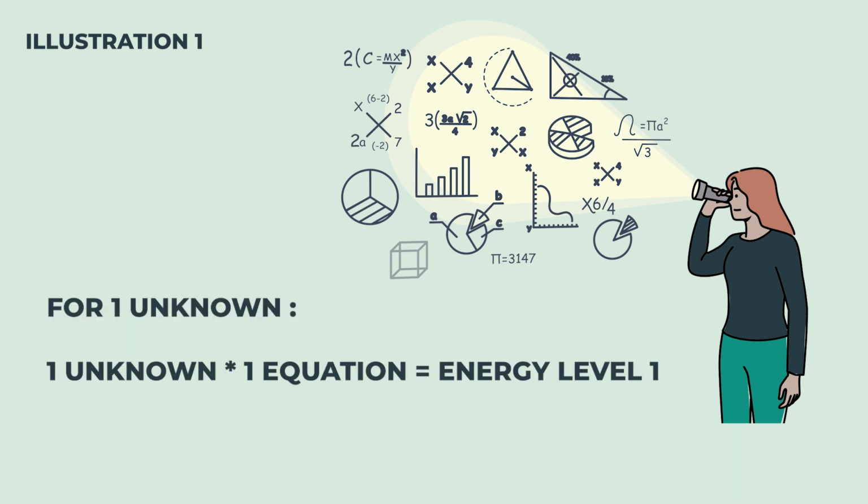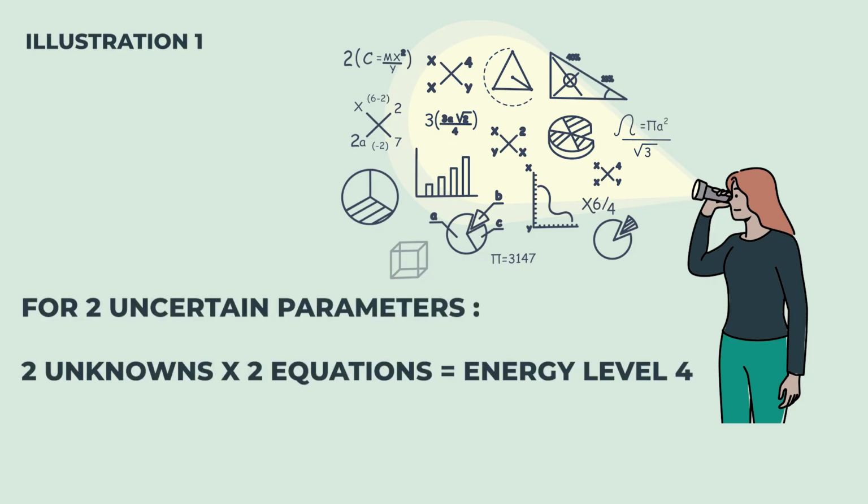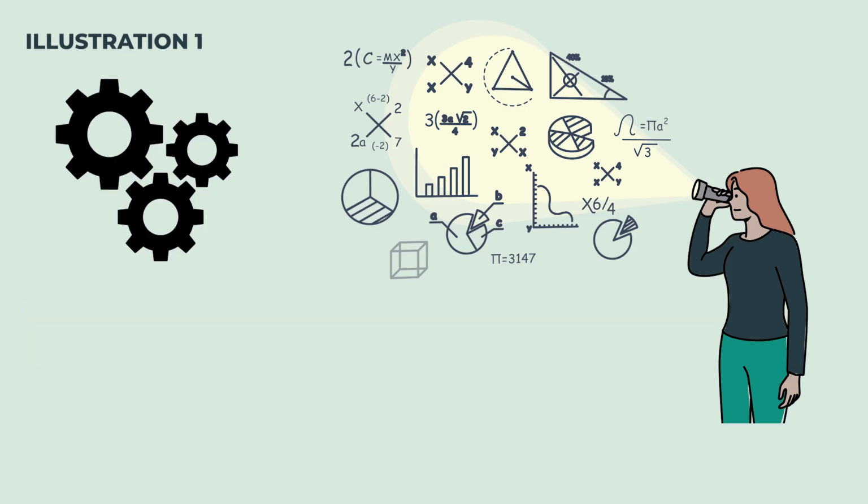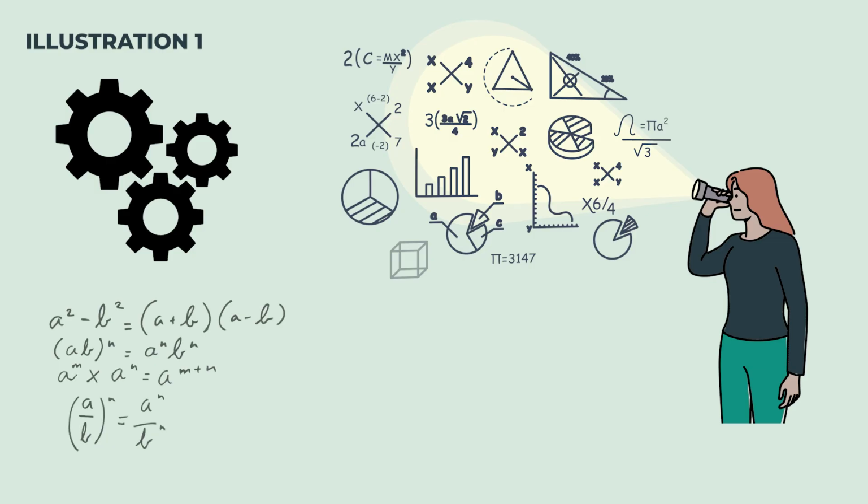For one unknown by one equation, energy level is 1. For two uncertain parameters, 2 unknowns times 2 equations, energy level 4. For 5 uncertain parameters, 5 unknowns, 5 equations, energy level 25. The more uncertain parameters there are, the more equations you need, and the longer and more energy consuming it becomes.